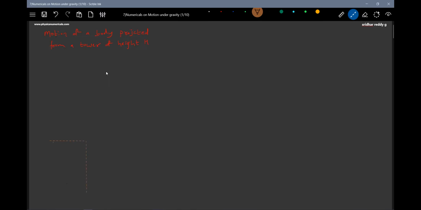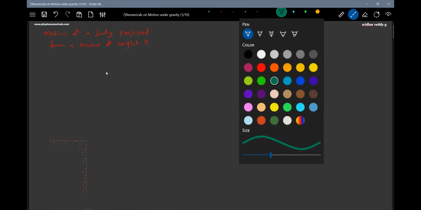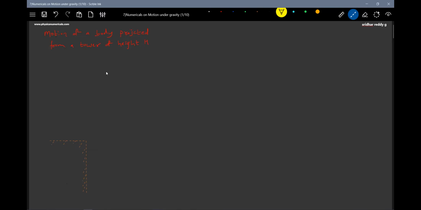There's a tower. Here we are going to project a ball with a speed. What is the height of the tower? Let it be h.